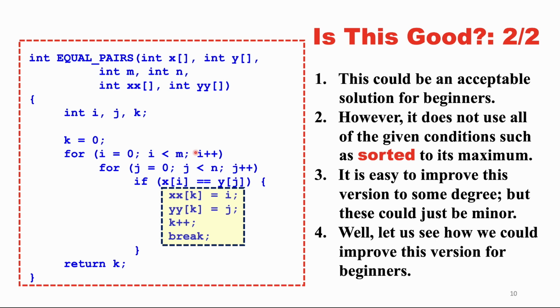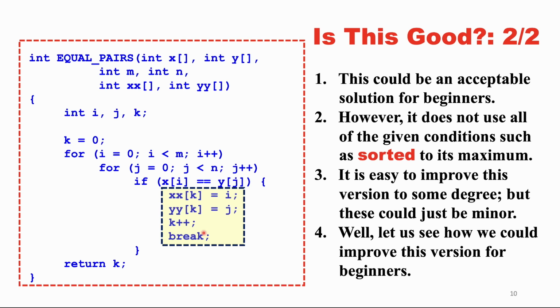Of course, we could improve this kind of naive solution to some degree, but this improvement could just be minor, which will not affect the overall complexity. When I say complexity, I mean the worst case complexity.